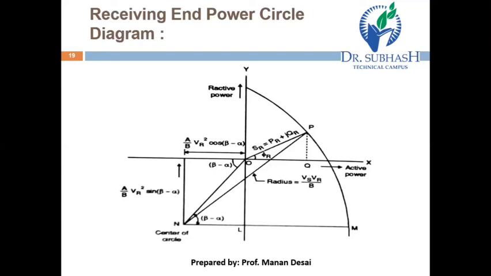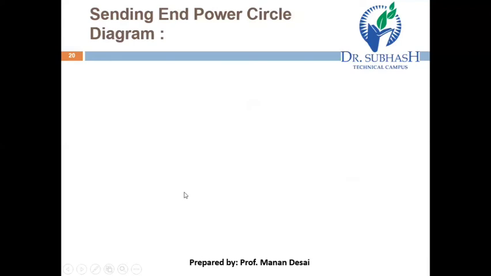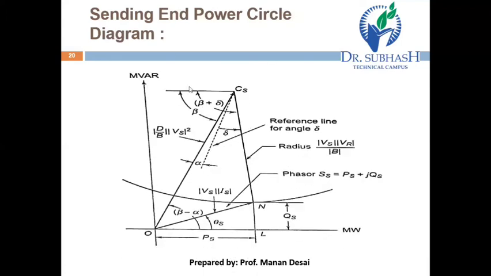We received the actual power and reactive power. In this, we fixed our X coordinate and Y coordinate, and the same as in the sending end power circle diagram, D upon B Vs square. See, the radius is the same, Vs Vr upon B. This is the radius, this is N, and we draw the circle.